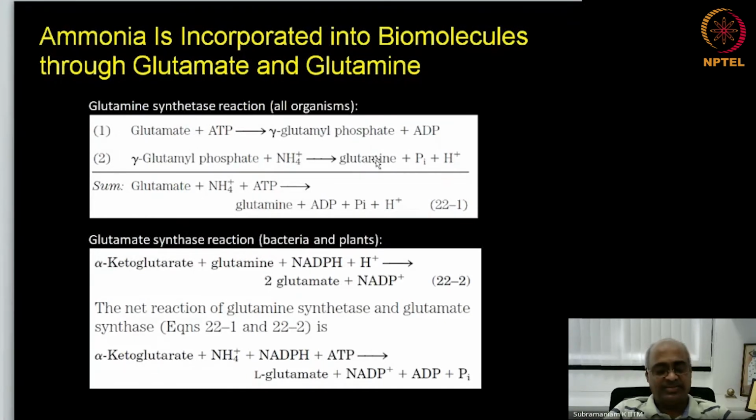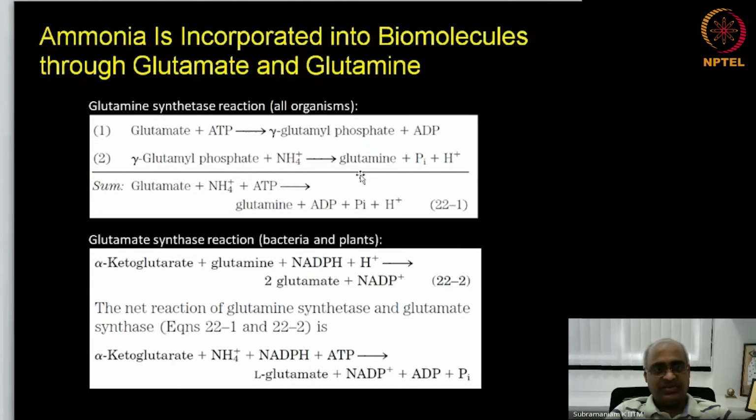When we were discussing ATP, we already discussed ATP is not freely hydrolyzed for the energy used. Usually an intermediate phosphoryl group transfer happens. So here the ATP's terminal phosphate is transferred to glutamate, forming gamma-glutamyl phosphate. This is now a high energy molecule, and this one combines with ammonia to form glutamine.